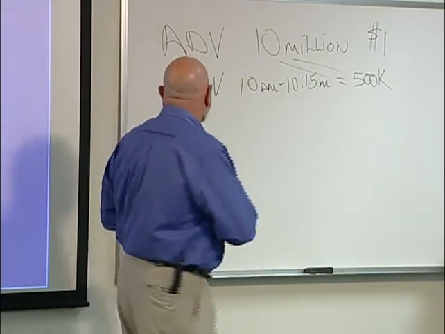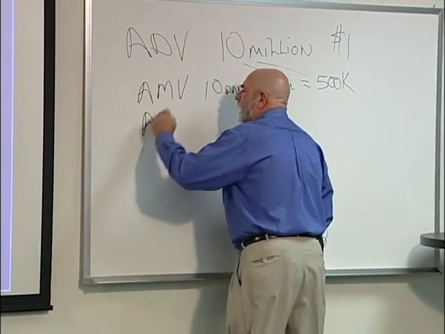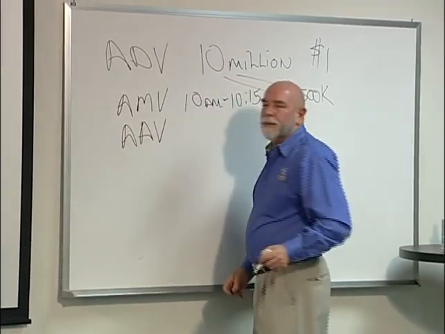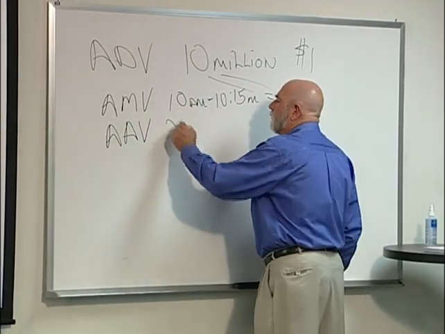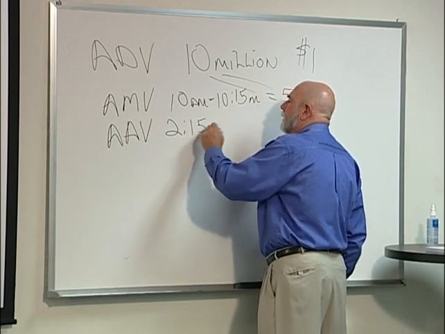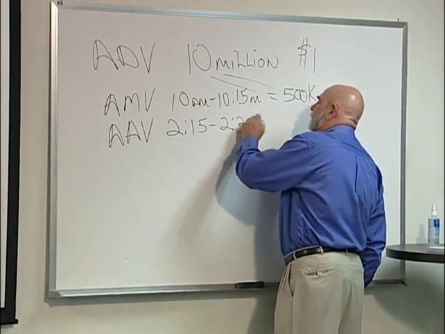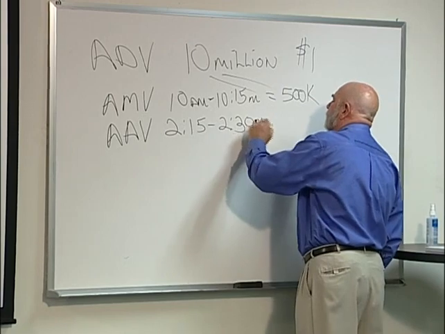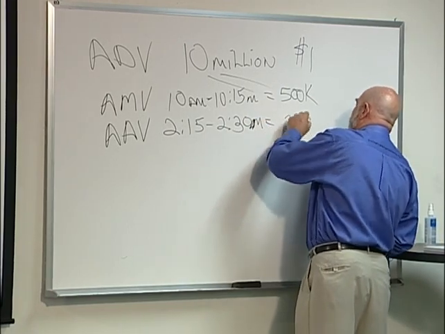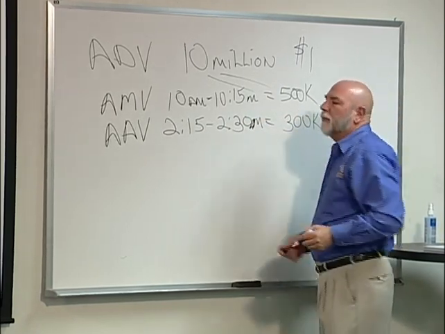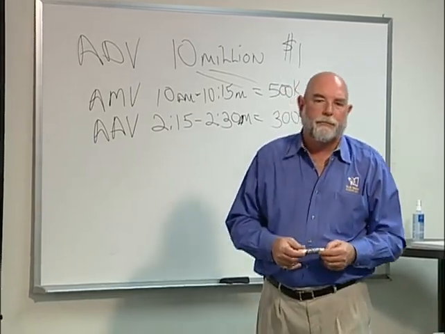So maybe we need to throw in an average afternoon volume. And again, I might want to measure this from 2:15 to 2:30 East Coast time. And let's just, for the sake of discussion, say that that comes out to 300,000.